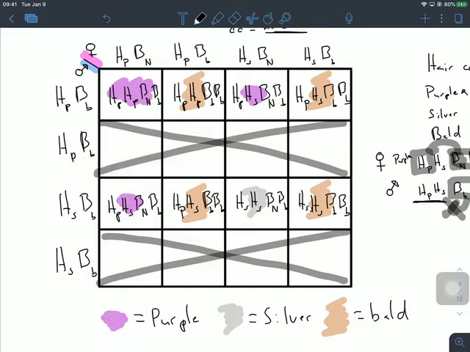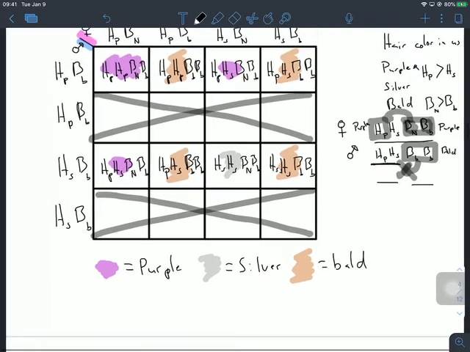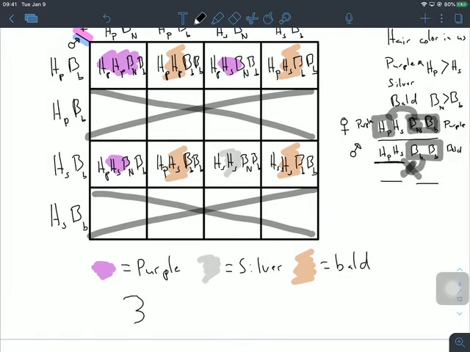So this weird situation where you had heterozygous at both, and then het for color with homozygous recessive bald, you end up getting a ratio of 3 purple to 1 silver to 4 bald.